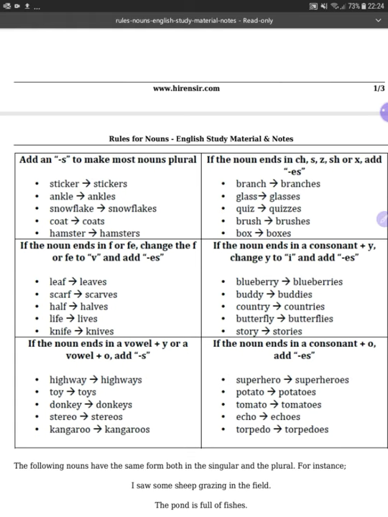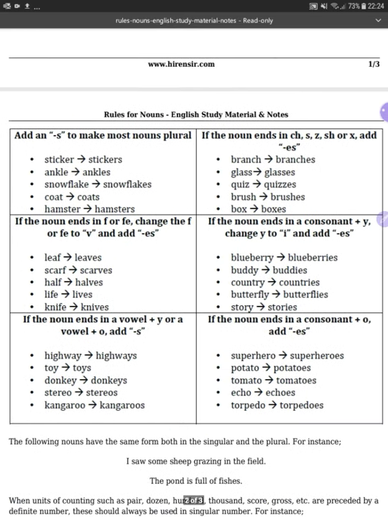Singular countable nouns cannot occur without an article or determiner. You can write it down somewhere in your notebook. Examples: I have lost a book. I have lost my book.